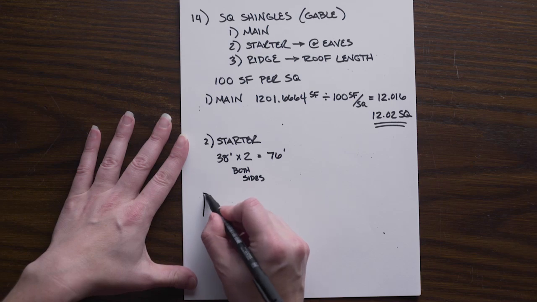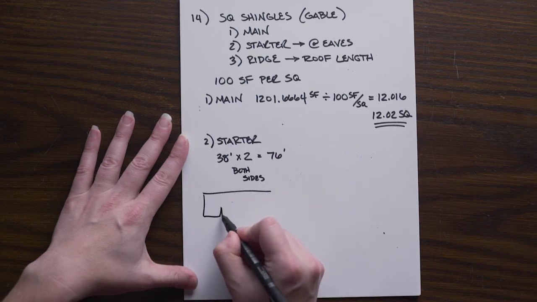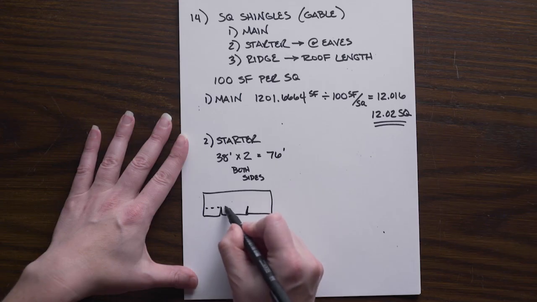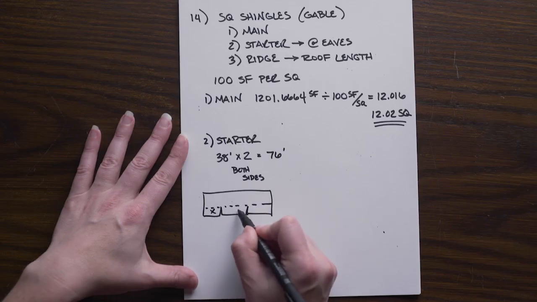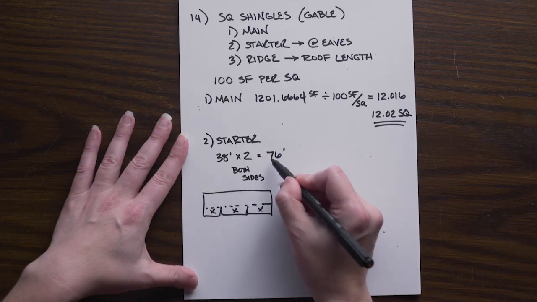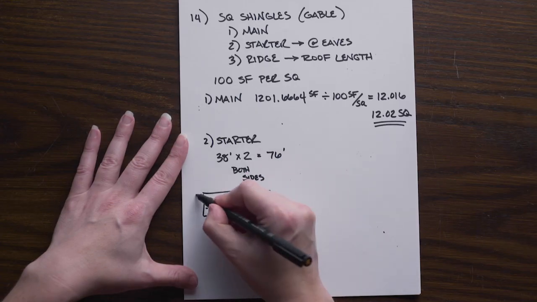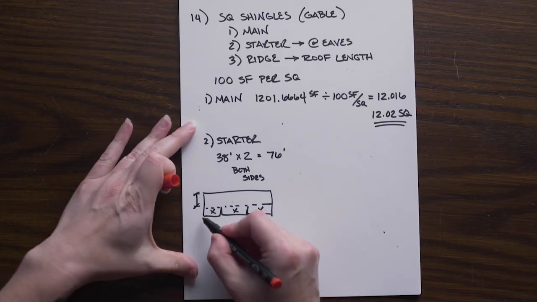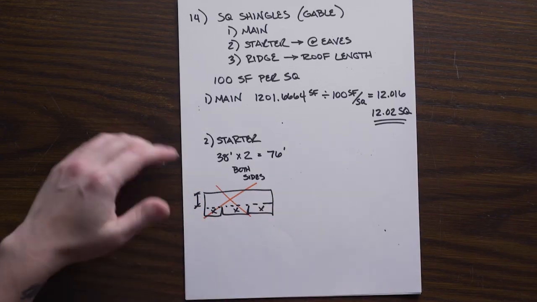If we have a 3-tab shingle and we cut off the 3 tabs, it would make sense that we'd multiply our 76 feet by what is left over. But this is not the case.